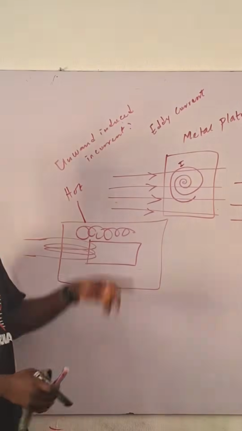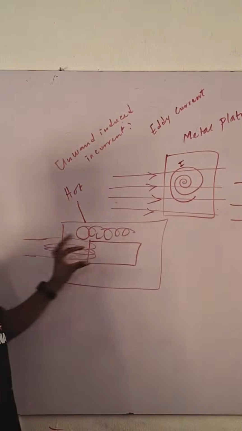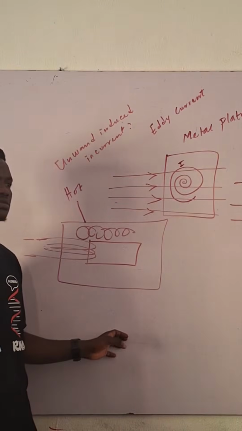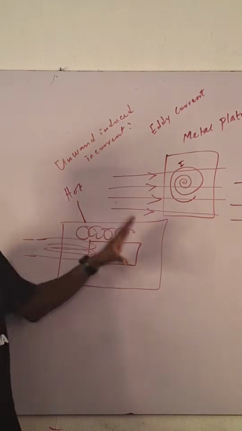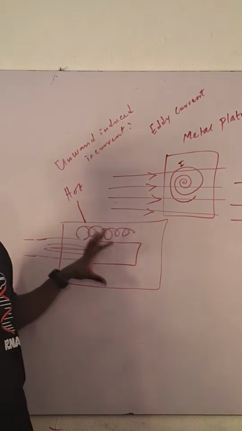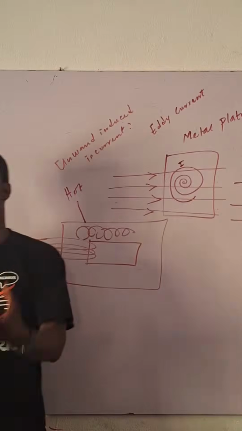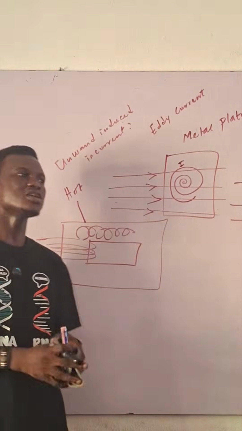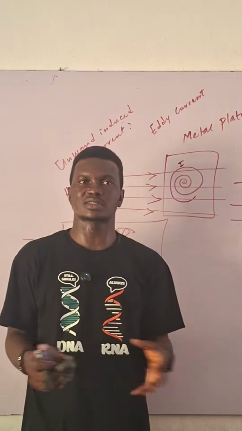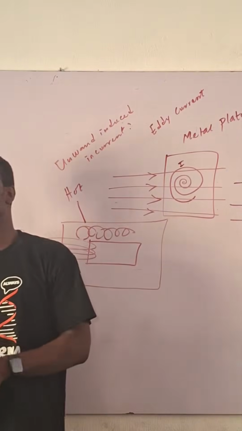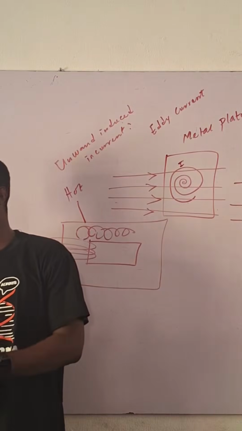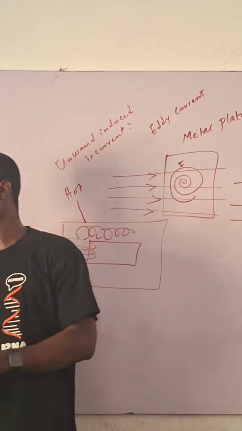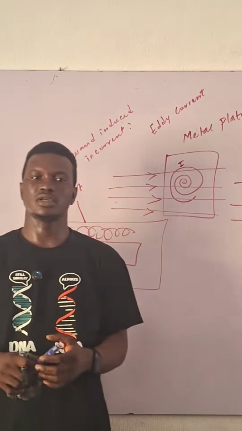So the induced current here too is trying to stop the flux that is generating it, and that would be affecting the efficiency of the transformer. So if they ask you how to reduce eddy current: eddy current can lead to great heat or energy loss in a transformer.